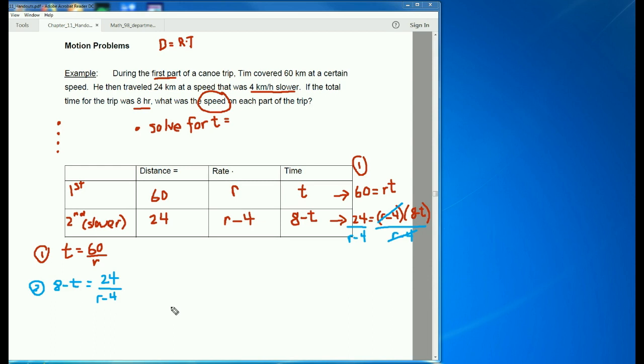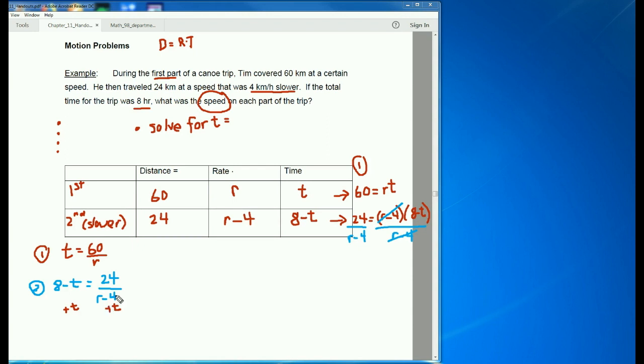Remember, the goal here is to get t equals stuff. So we can do two things at one time here. Because we've got a minus t, I hate having minuses, so let's add t to both sides of the equation. On this side, we're just going to have all this junk plus t.